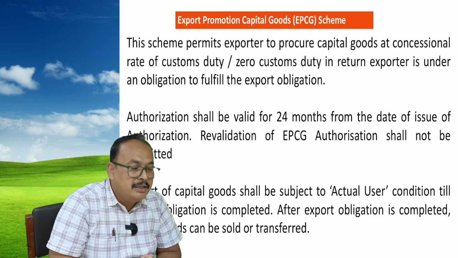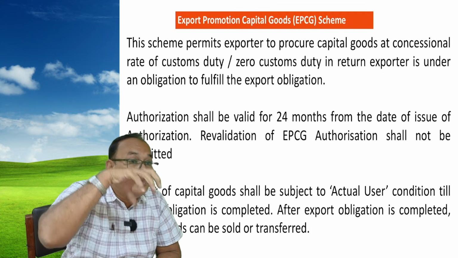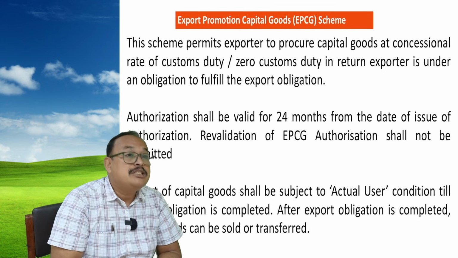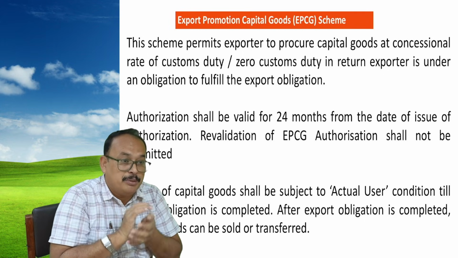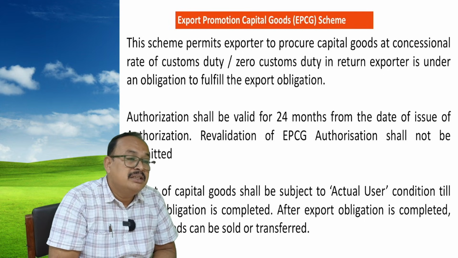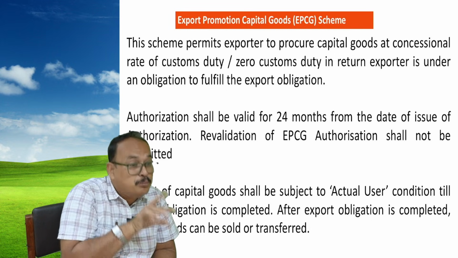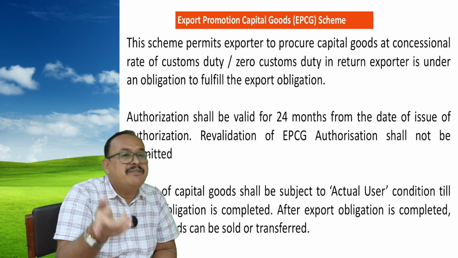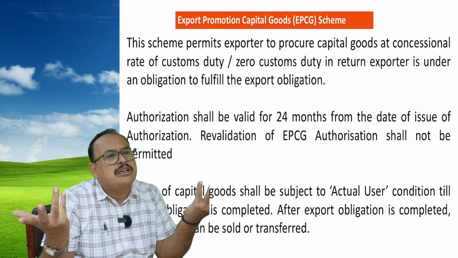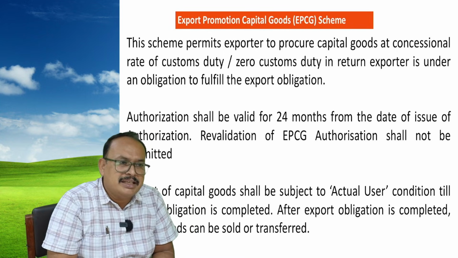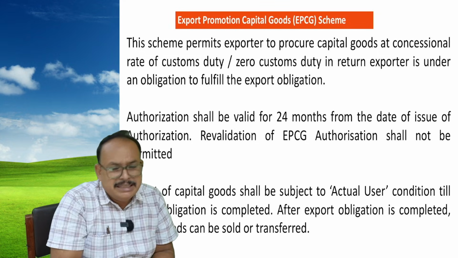Is it clear? Next, you have to fulfill the export obligation, which is two: average export obligation plus specific export obligation. Both you have to fulfill. Meaning, whichever is higher, if you fulfill it within 6 years from the date of authorization, the other one is automatically fulfilled. Is it clear? How this should be is as follows.